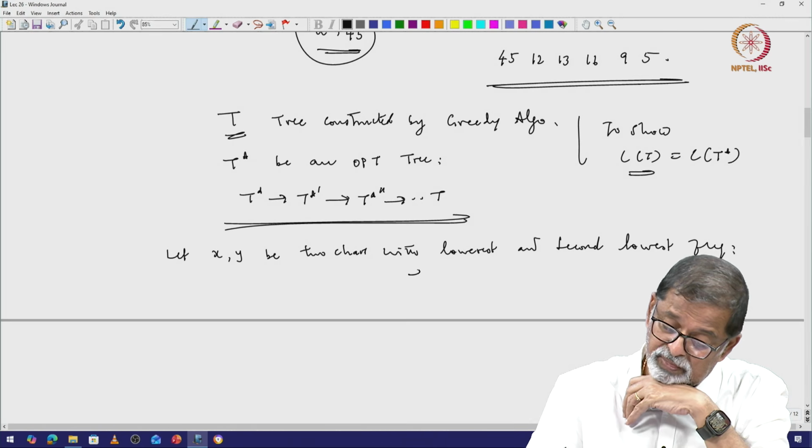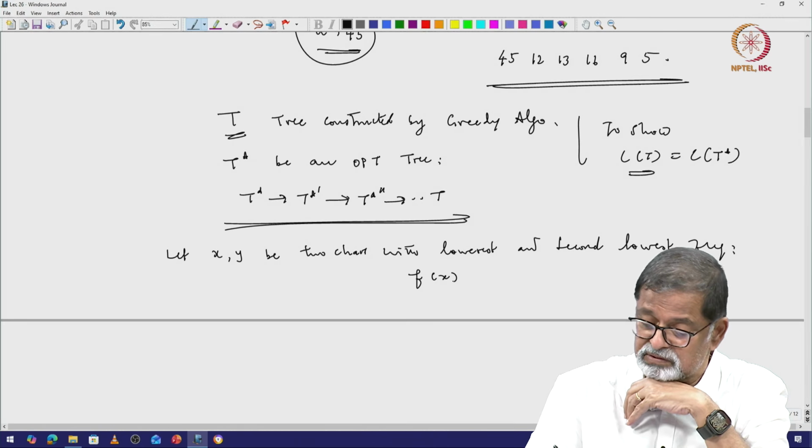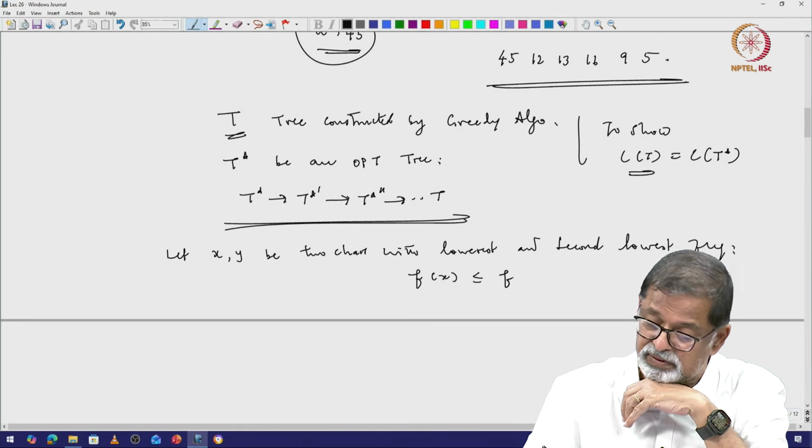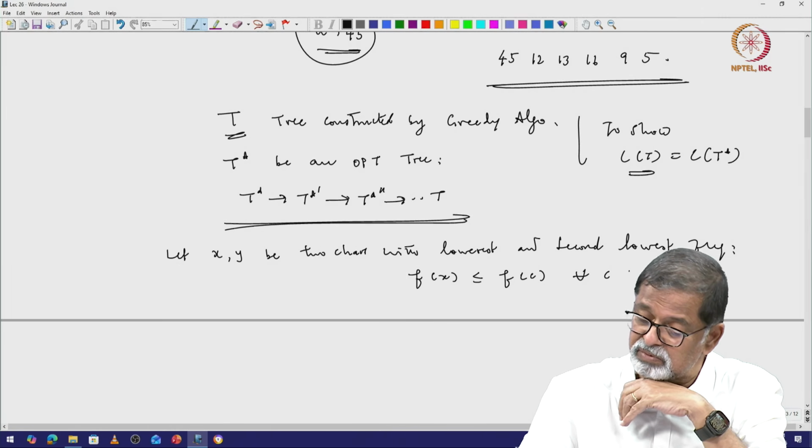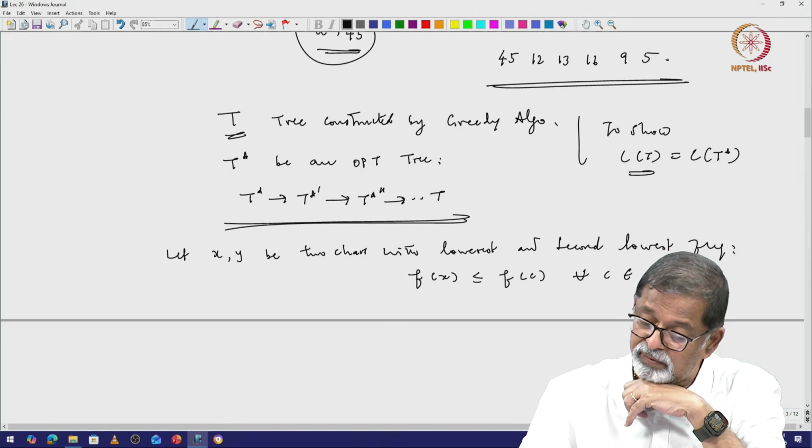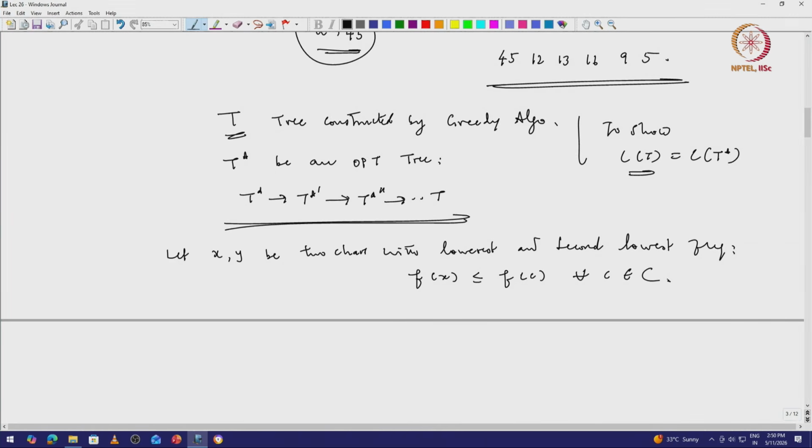That means the frequency of x is less than or equal to the frequency of C for all C belonging to C, and the frequency of y is less than or equal to the frequency of C for all C belonging to C minus x. This is the minimum, this is the lowest, and this is the second lowest. You remove that and again find the minimum, and that will give you the second lowest. These are the two characters.